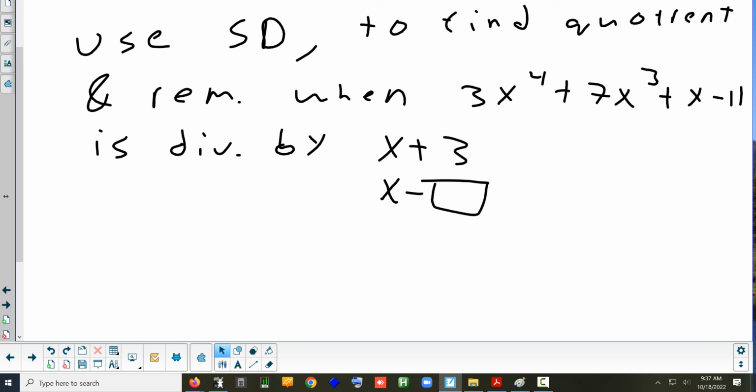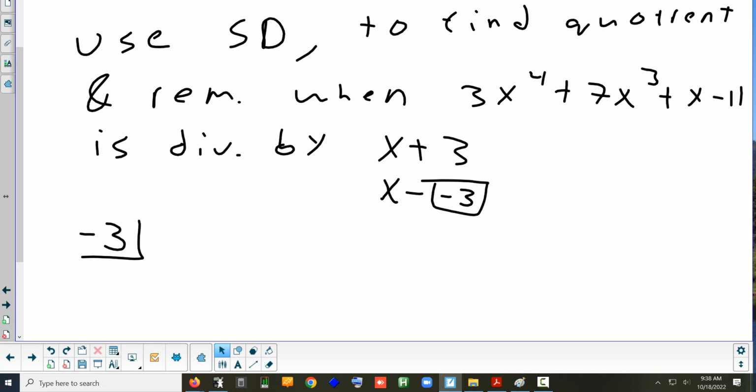I'm dividing by x plus 3. But could I think of it as x minus something? If I can, then I can use synthetic division. And the number that's in that box is going to go right here. Yep. You could think of it as x minus negative 3. So take the number that's after the minus sign, put it on the outside.